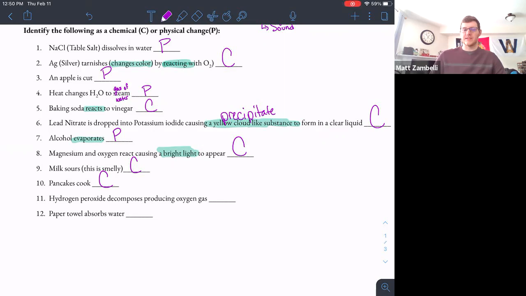All right, 100% of those answers I got were correct. It is a chemical change. It's producing a gas, meaning it's going to react chemically.